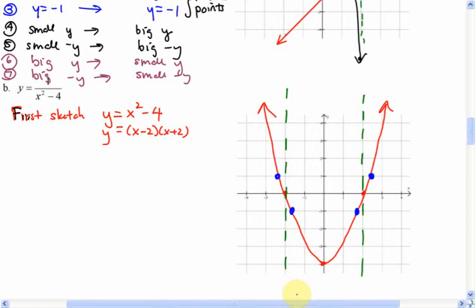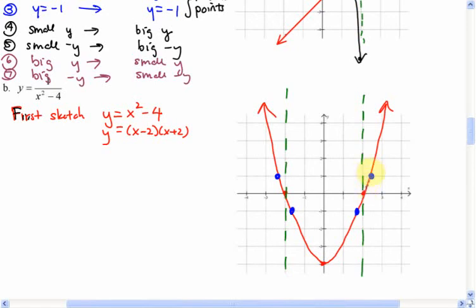Listen carefully again. When the original has a small positive y value, the reciprocal has a big y value. So, these values that are right here, these small ones, what do they become?